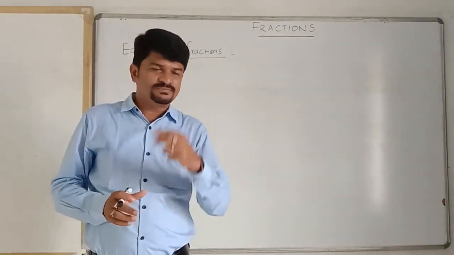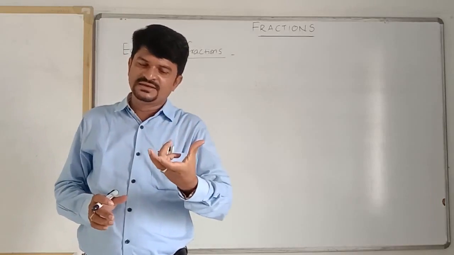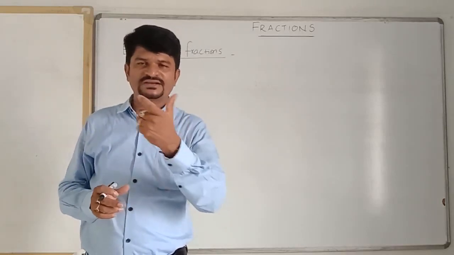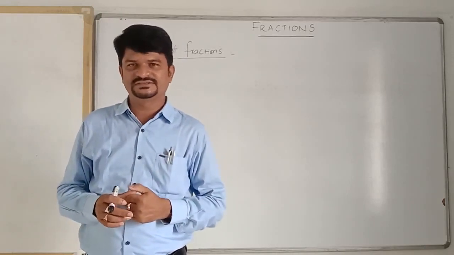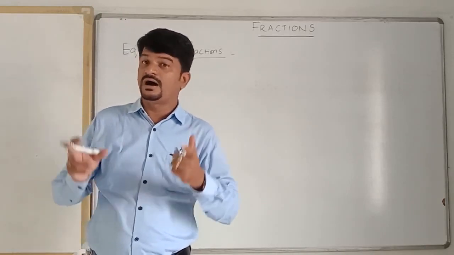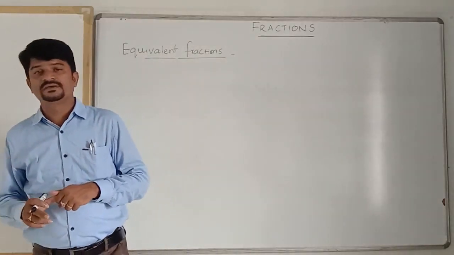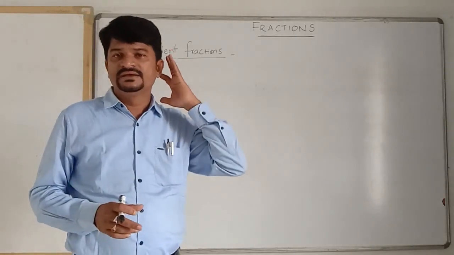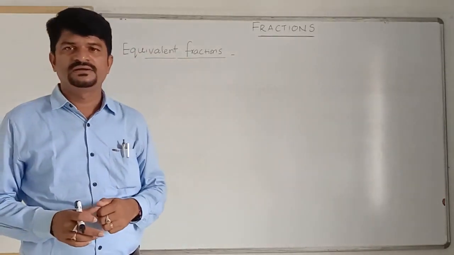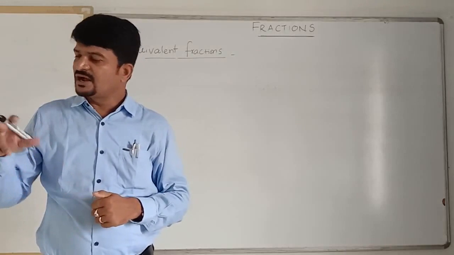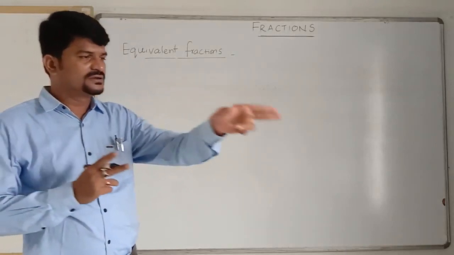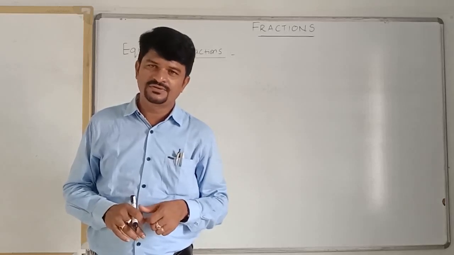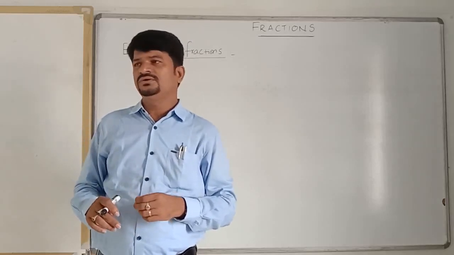Whenever a fraction is equal to another fraction, then the fractions are said to be equivalent fractions. Or otherwise, whenever a fraction is multiplied by the same number, that obtained fraction is called an equivalent fraction of the given. Clear, children?